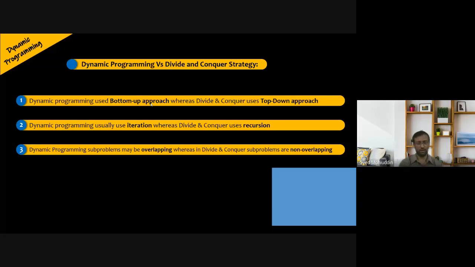They are independent. They don't overlap. But in dynamic programming, subproblems may overlap. So these are a few differences between the dynamic programming approach and the divide and conquer approach.